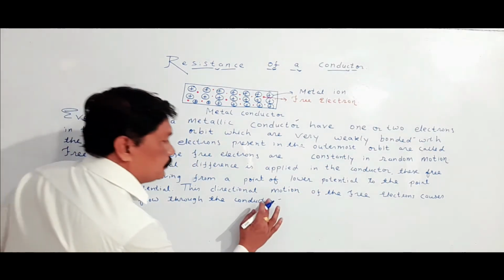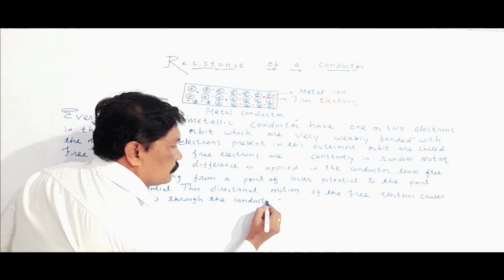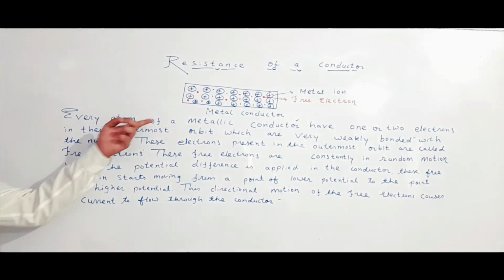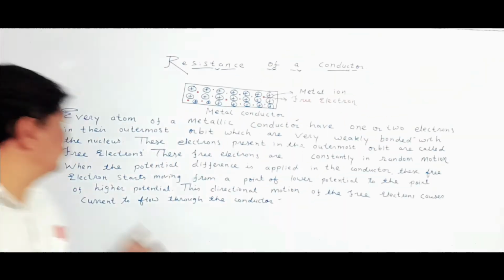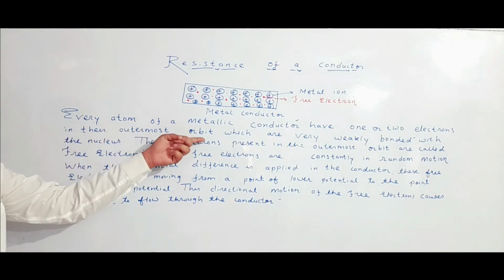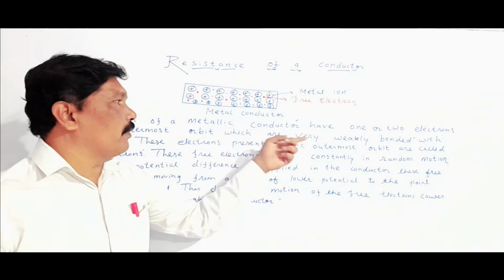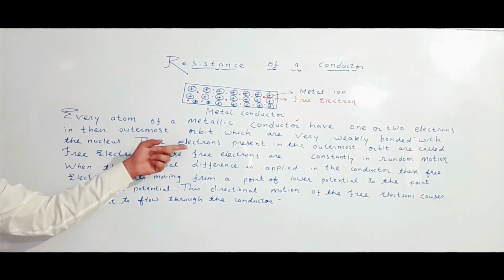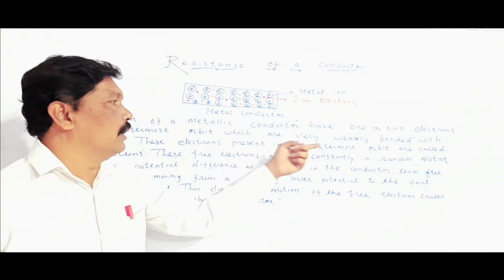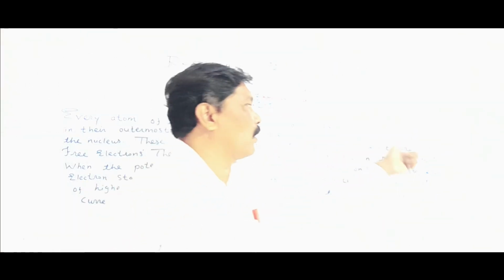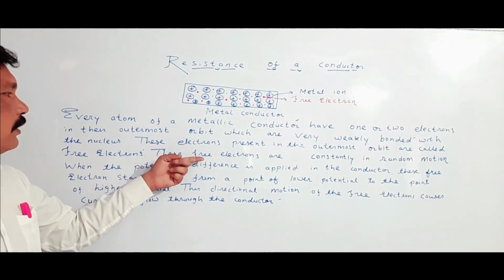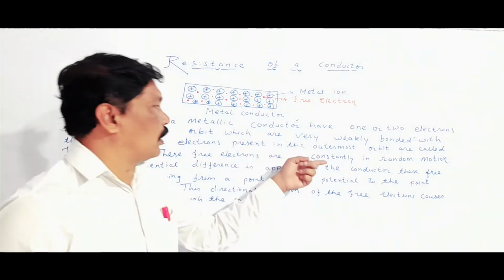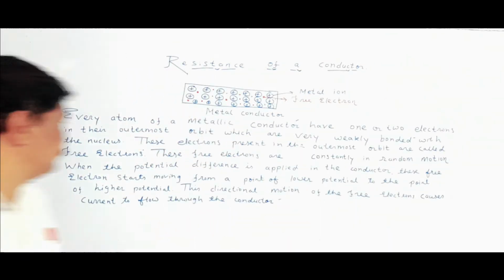One more time. Every atom of a metallic conductor has one or two electrons in their outermost orbit, which are very weakly bonded with the nucleus. These electrons present in the outermost orbit are called free electrons. These free electrons are constantly in random motion.